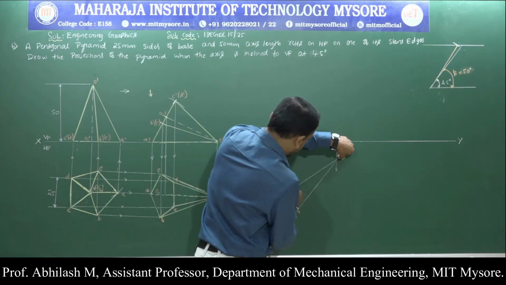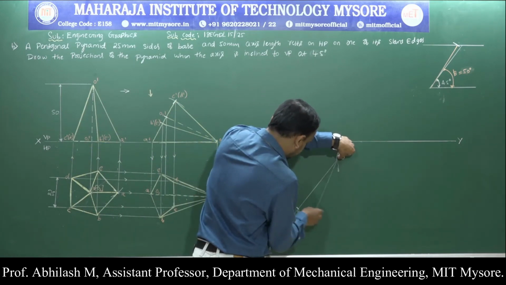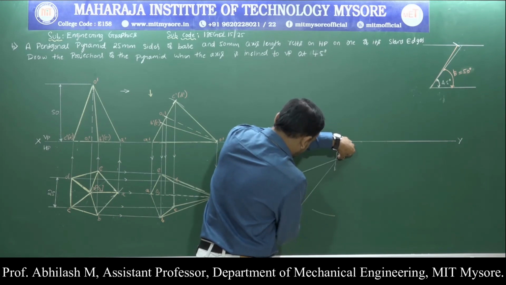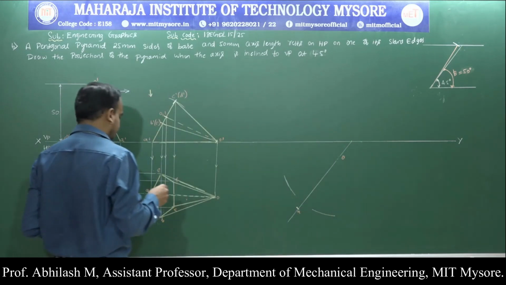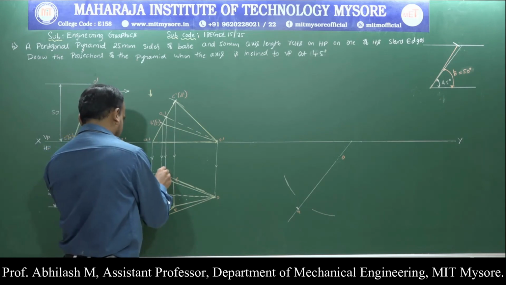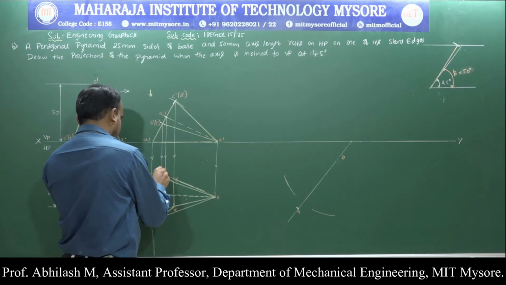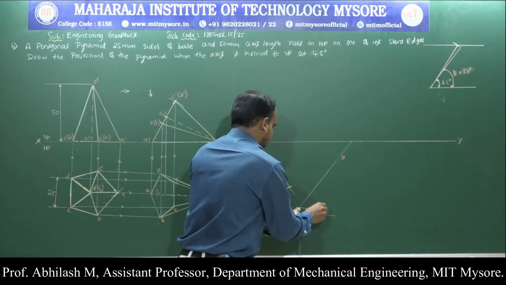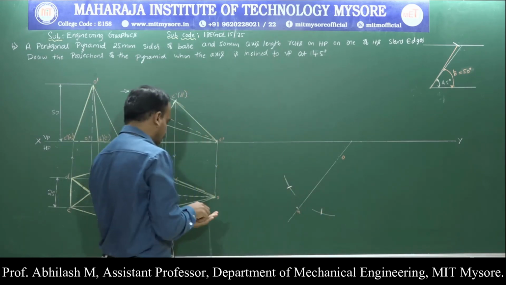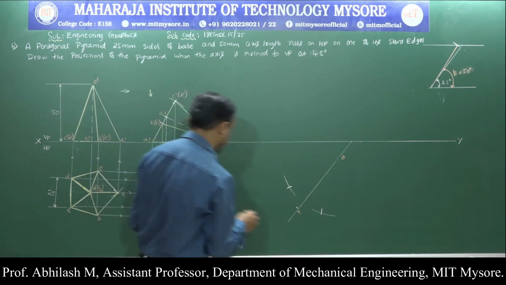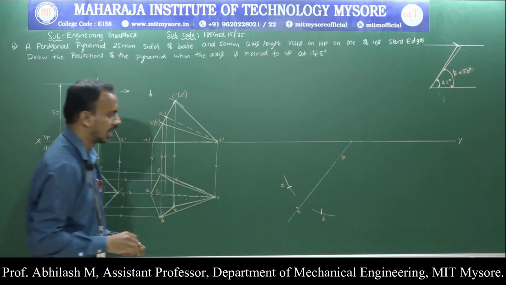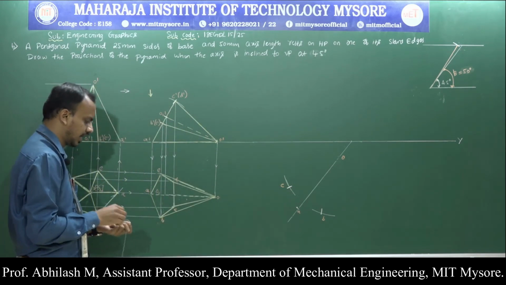So this is my point O, I start transferring the points O to A and O to B, and measure from A to E, complete the point E, and similarly from here. So now I have transferred successfully the points B and E.